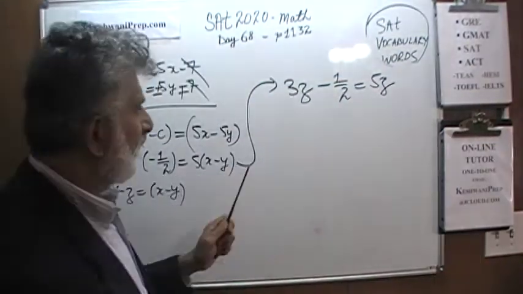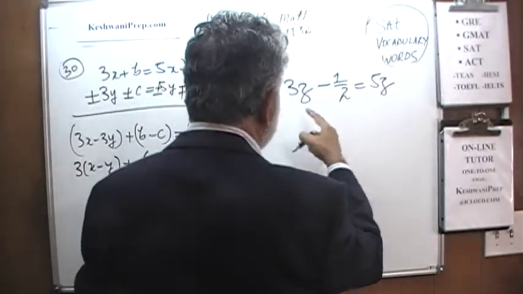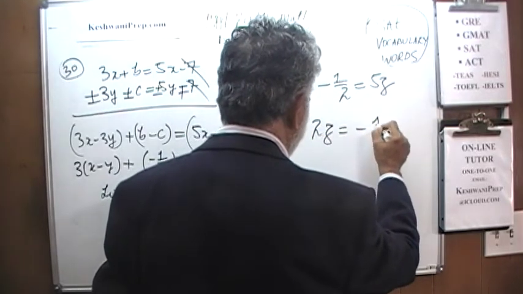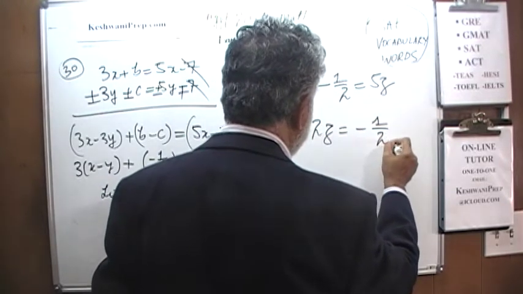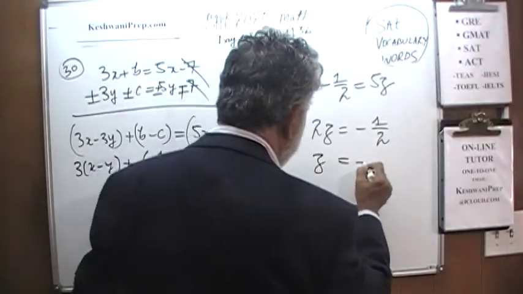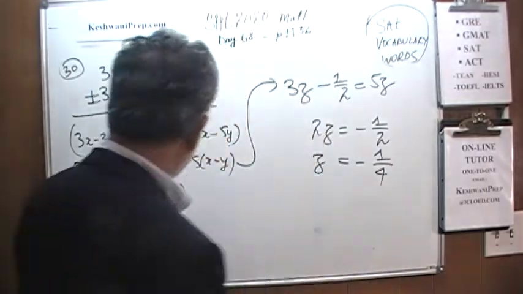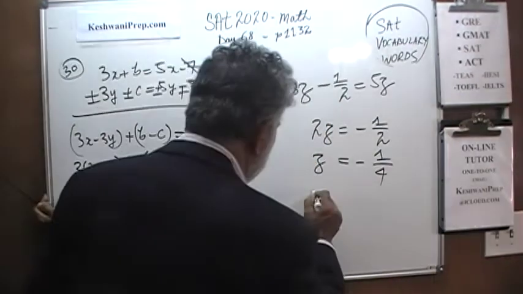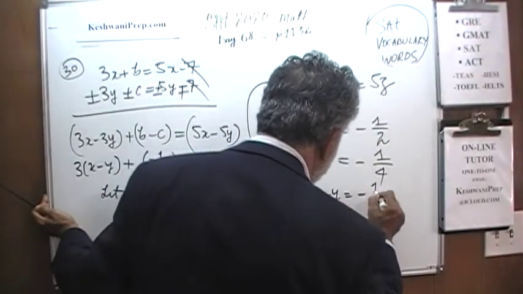Bring the 3z to this side and we end up with 2z equals negative 1/2. Solve for z and we end up with z is equal to negative 1/4. And now we can substitute z back to what it was, x minus y. X minus y is equal to negative 1/4.